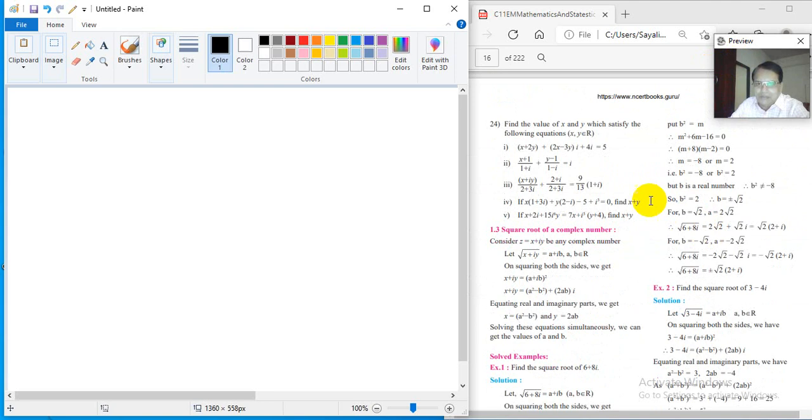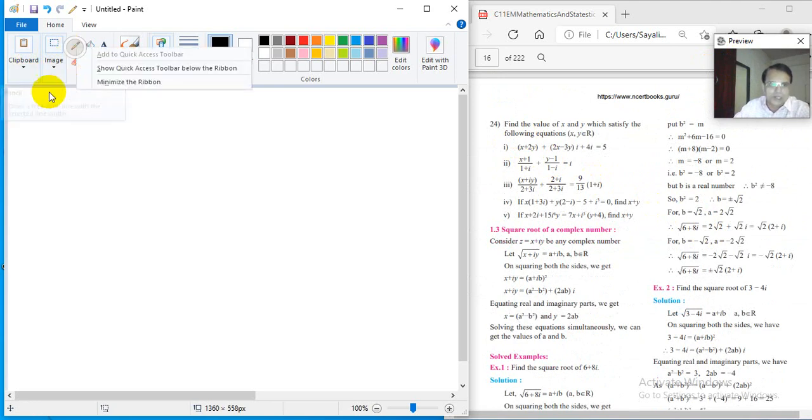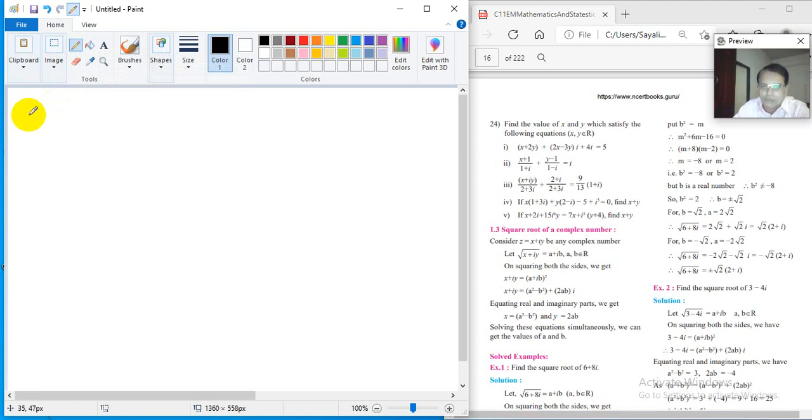Okay. Now we will come to problem number 24. There are 5 problems inside that. We will solve certain ones, 1 or 2. So problem number 24 now, and from that we will do the first problem, 24 part 1. Now what is there in that problem?